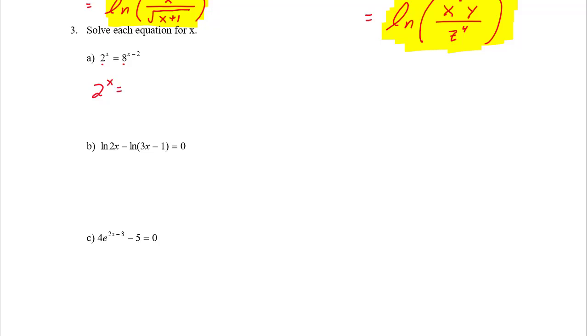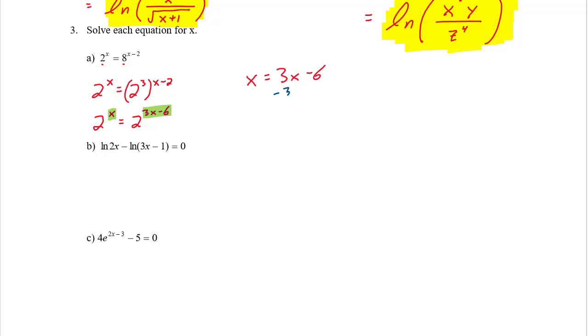Since 8 is the same as 2 cubed, I really could say that's like 2 cubed being raised to a power of x minus 2, which I can then rewrite as, since it's a power of a power, I could distribute the 3 through, so that's 3x minus 6. So ultimately at this point, since the bases are the same, I would just set the exponents equal to each other. So my actual expression for this one is going to be x equaling 3x minus 6.